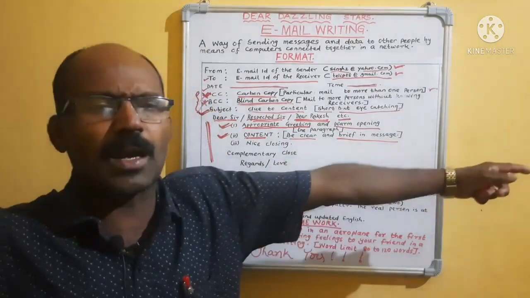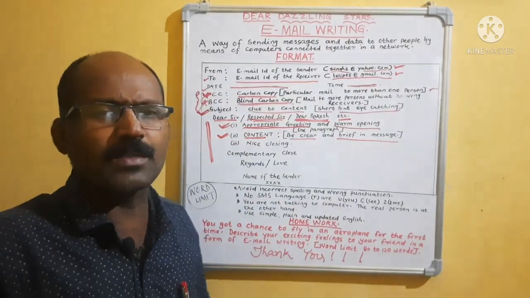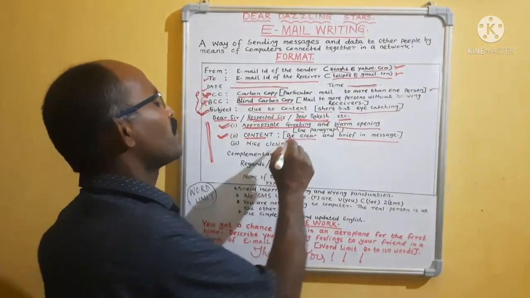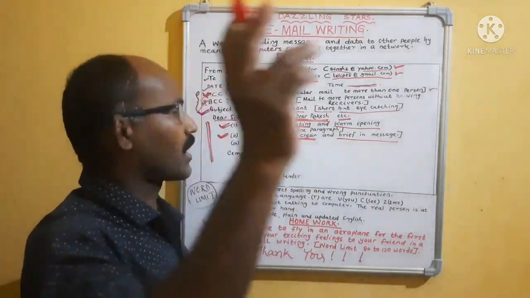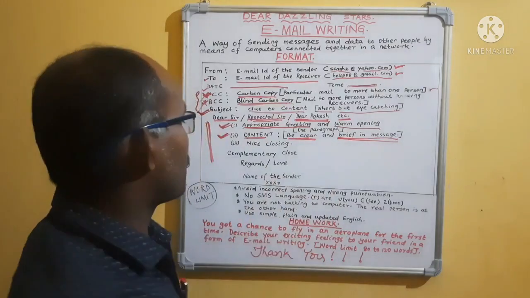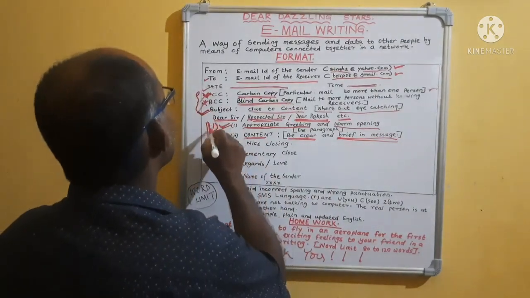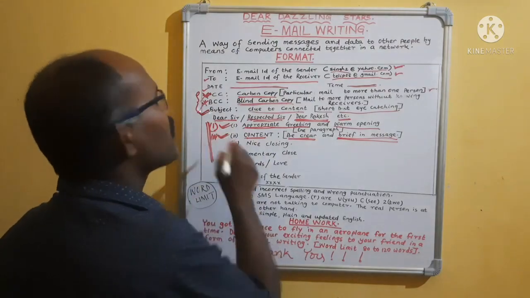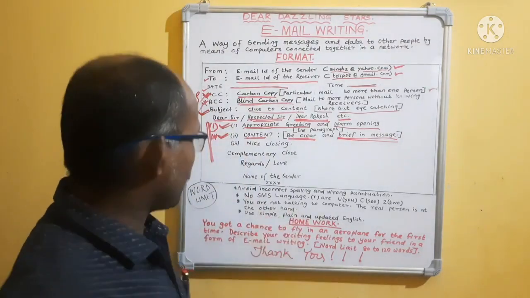No need to write 2 pages, 1 page, more than 100 words, like that. Don't write that. But be clear. Your motto should be clear and brief in message. That is the second paragraph; the first para you can say 2 or 3 lines, then the content may be 3 or 4 lines, 4 or 5 lines like that.